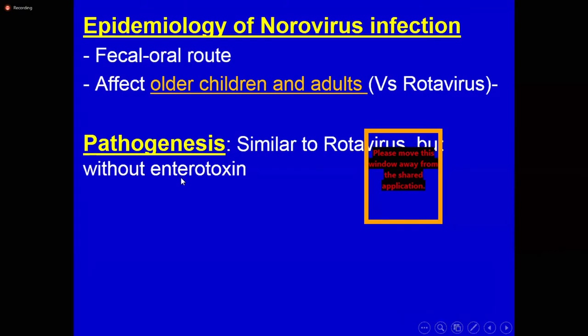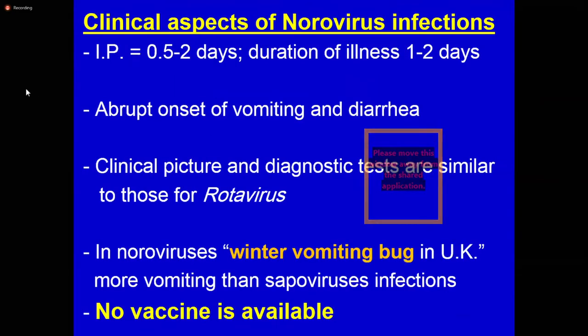This virus has no enterotoxin; rotavirus has enterotoxin. The incubation period is 0.5 to 2 days, that is to say a very short period, with very abrupt vomiting and diarrhea. The clinical picture is almost similar to rotavirus.